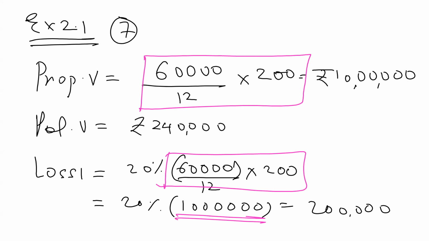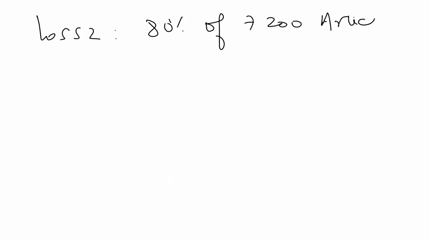And they have mentioned that there is one more loss over here. 7,200 of the remaining articles were damaged to 80% of its value. So loss 2 is nothing but 80% of 7,200 articles.